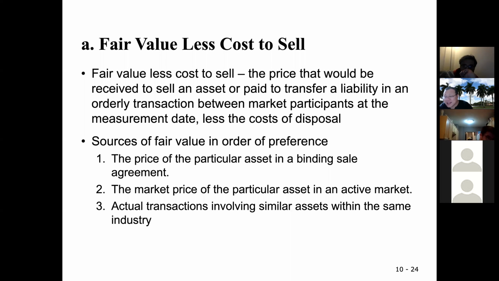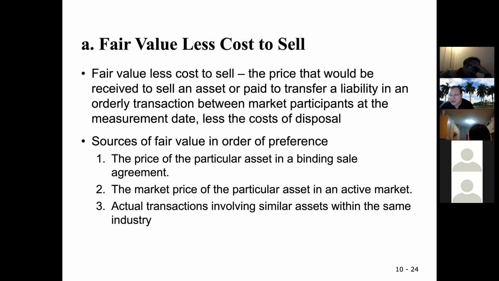They talk about fair value in order of preference in terms of reliability. If you have a sales agreement, the number written on the agreement will be very reliable. Otherwise, if you are in an active market, you can see the market price. Third, if this item has no active market but a similar asset has a market, you can use that as a proxy.